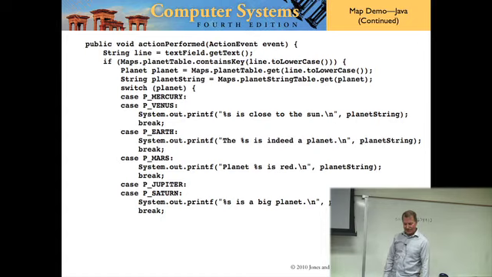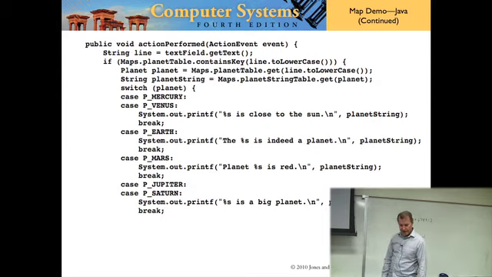If what? Now maps, so what was maps? That was the class, right? And then what tables did it have in it as attributes? String table. Yeah, those are the attributes of the maps class, right?